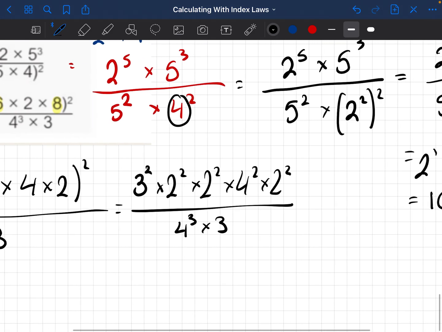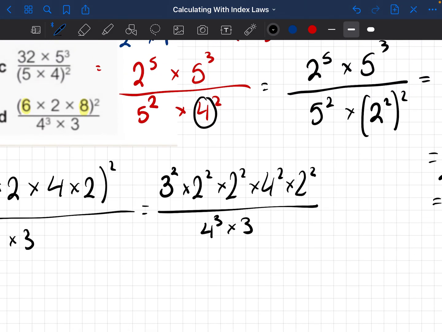Now, what can we cancel out? Well, firstly, let's tidy it up first. We can see 2 squared, 2 squared, 2 squared can become 2 to the 6. So we've got 2 to the 6 times 3 squared times 4 squared all over 3 times 4 cubed.